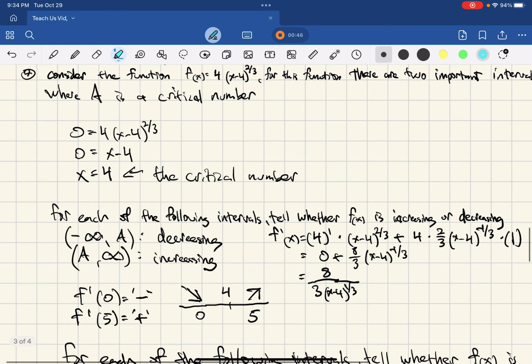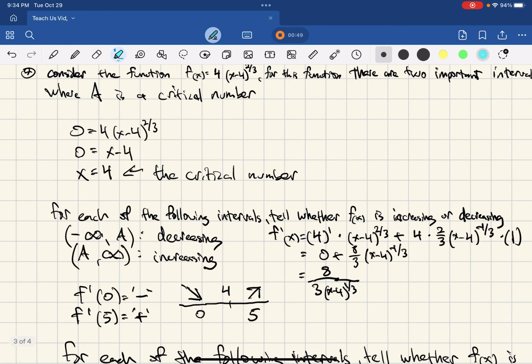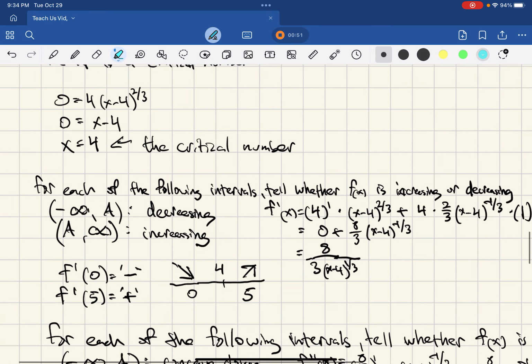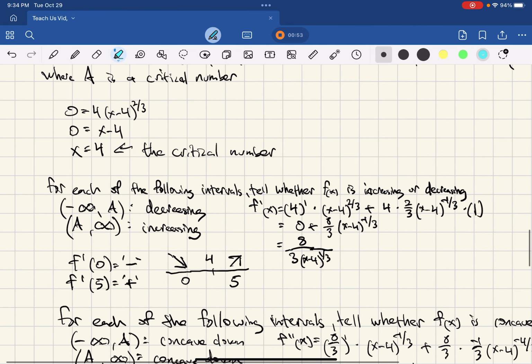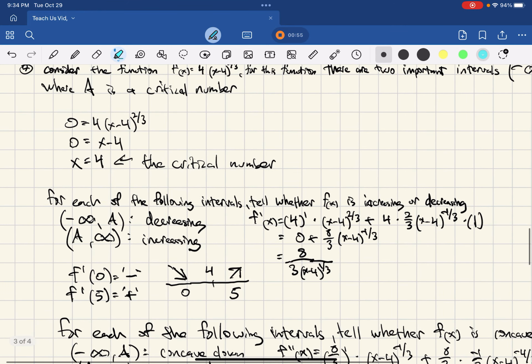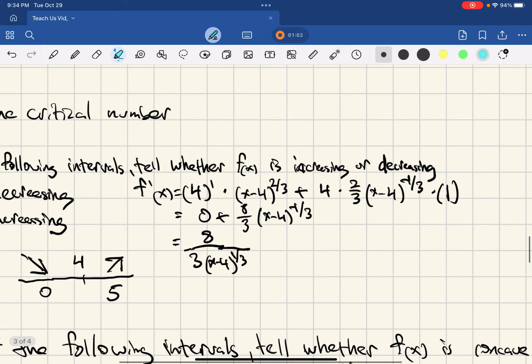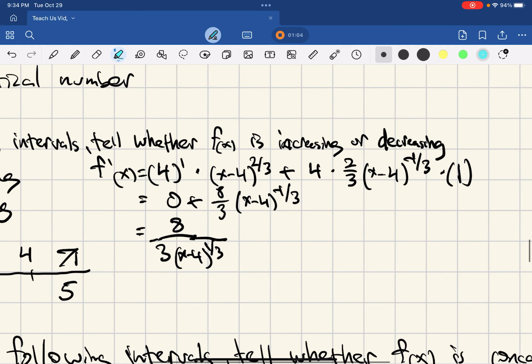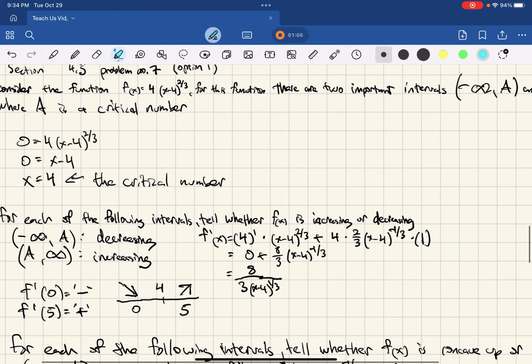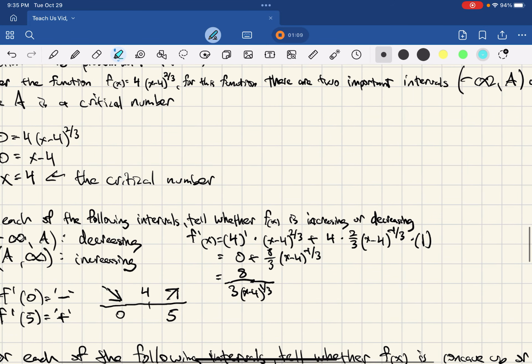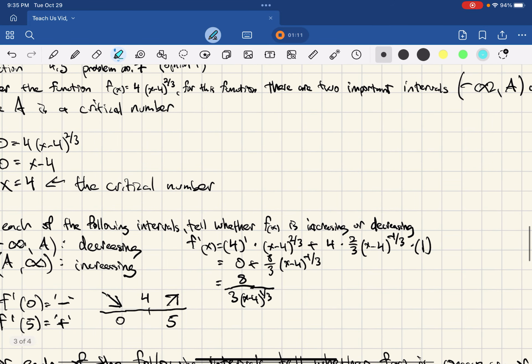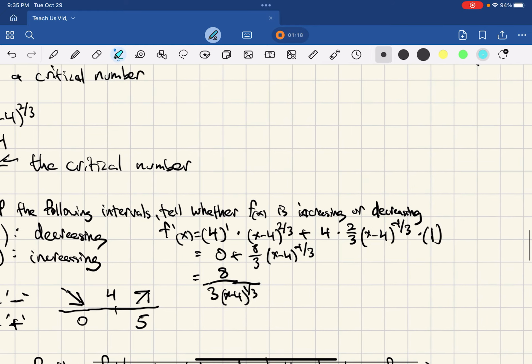So the first thing we do, we find the first derivative, where I actually have it over here. We basically do a product rule, and then within the product rule we do a chain rule.